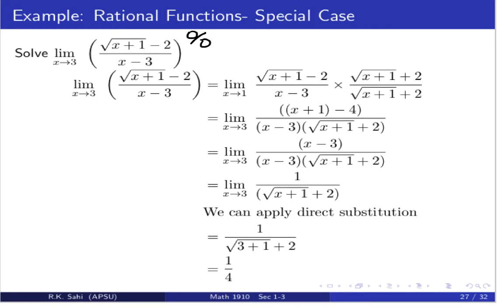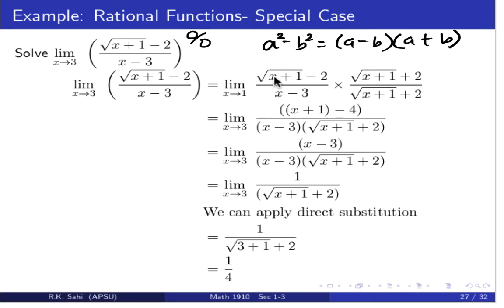And the idea is this difference of squares, a squared minus b squared, which is a minus b times a plus b. Now when you take the squares, clearly the square root will vanish.